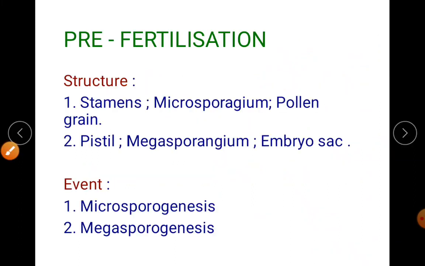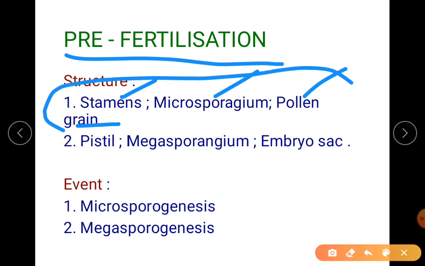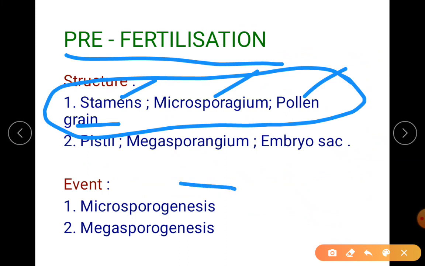Without any delay, I am starting with the first one, the pre-fertilization event. Please note what all we are going to study in pre-fertilization event. There is your structure, that is stamen, then there is your microsporangium, then there is pollen grain. So this is the male sex organ, completely male sex organ, and this is the structure, the event is microsporogenesis.